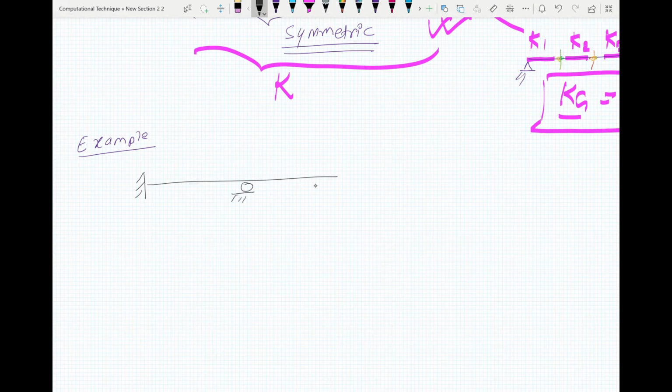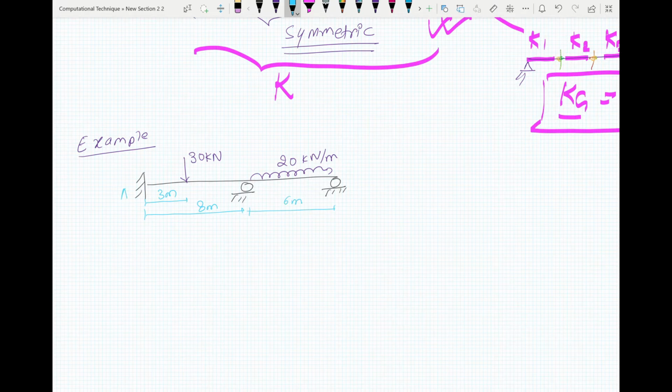Here and here we have rollers, and let's say we have 30 kilonewton load occurring here, and we have 20 kilonewton meter of UDL applied in this part. Let this be 3 meters, this be 8 meters, and this one be 6 meters.